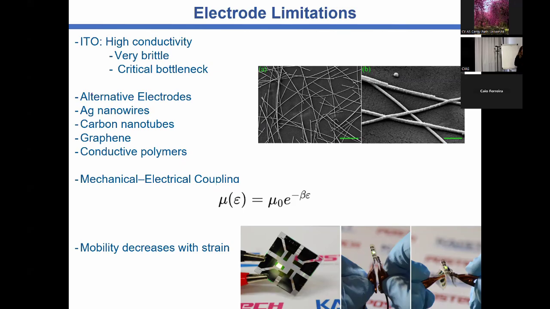Regarding the application of electronic devices with flexibility, the limitations that we have when we use organics as semiconductor or interlayers, or we have these electrode limitations, because we usually use, for instance, ITO as electrode.